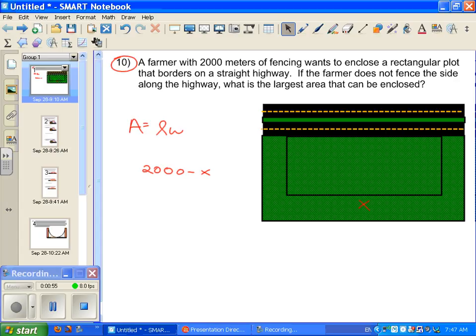But I have two sides that are equal to distribute that over. So what do I do with that? 1,000 minus... close. I have to divide all of it by 2. So it's going to be 1,000 minus 1/2 x. Okay, so each one of these is going to be 1,000 minus 1/2 x.